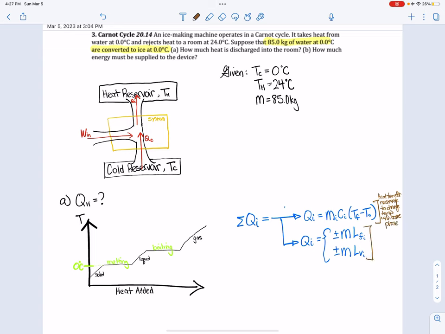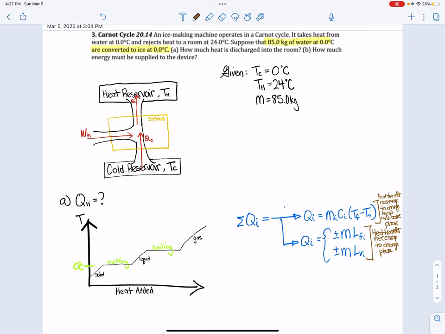And these guys deal with the heat transfer necessary to change phase, right? To change phase.